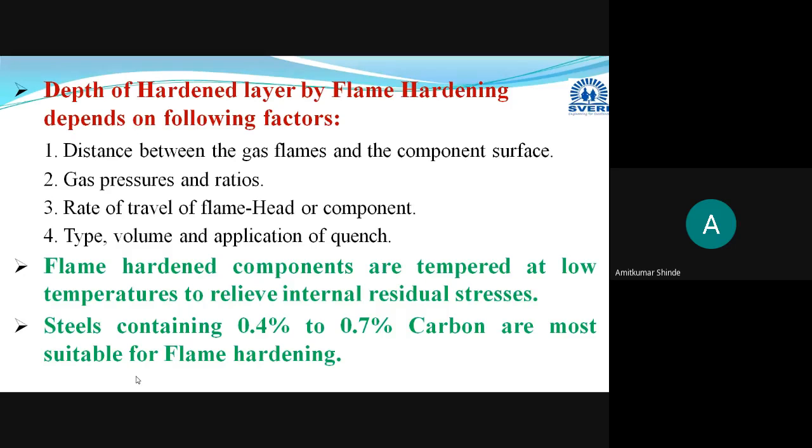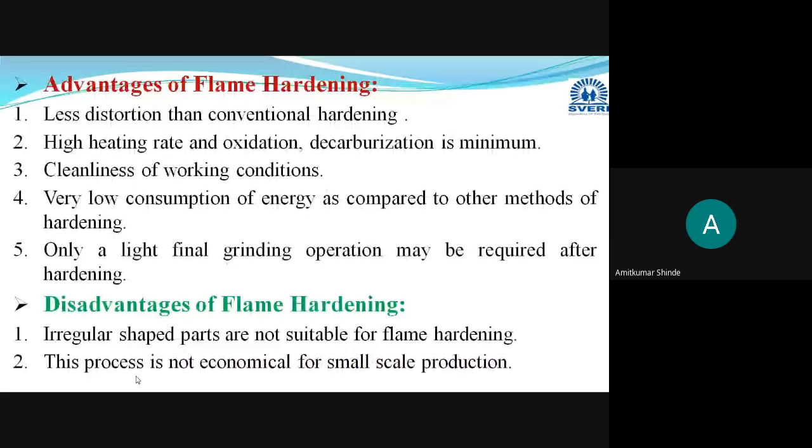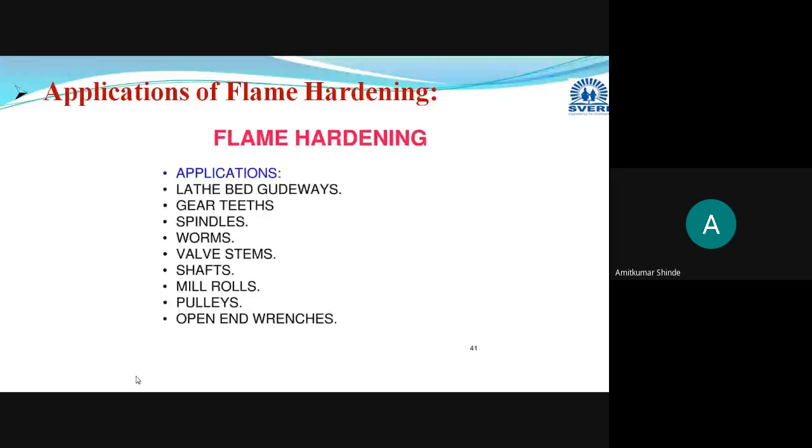Then there are some advantages, disadvantages, and applications. Some applications are common between flame hardening and induction hardening: different shafts, pulleys, spindles, gears.